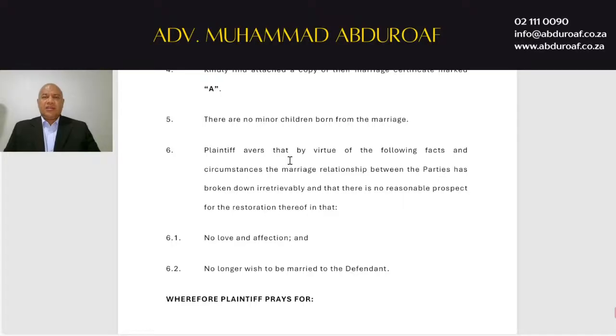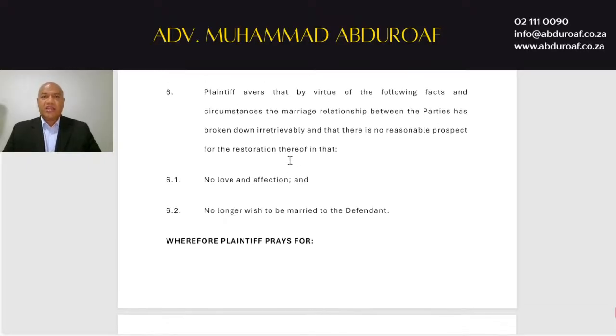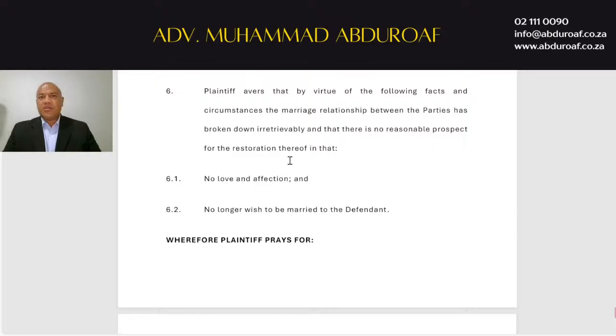And the court will not divorce parties who are happily married. Therefore, Kate, the plaintiff, will state the following. Plaintiff avers that by virtue of the following facts and circumstances, the marriage relationship between the parties has broken down irretrievably, and that there is no reasonable prospect for the restoration thereof, in that there is no love and affection and she no longer wishes to be married to the defendant.